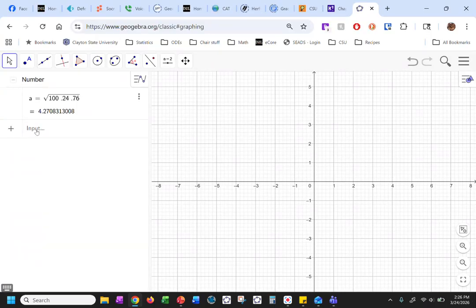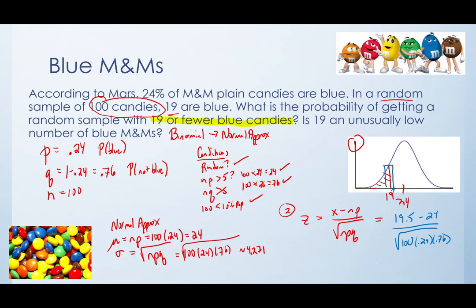Right, so we've got 19.5 minus 24 over square root of 100 times 0.24 times 0.76. So we have a z-score of negative 1.054 rounded. And that jives with our picture. It should definitely be a negative z-score.